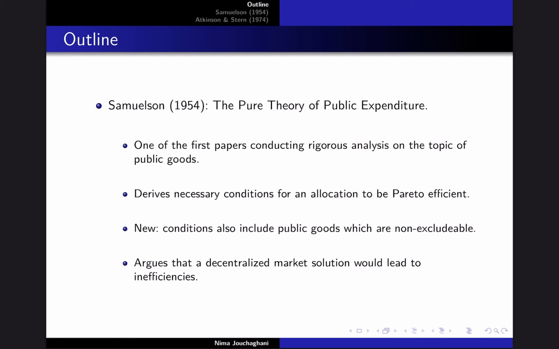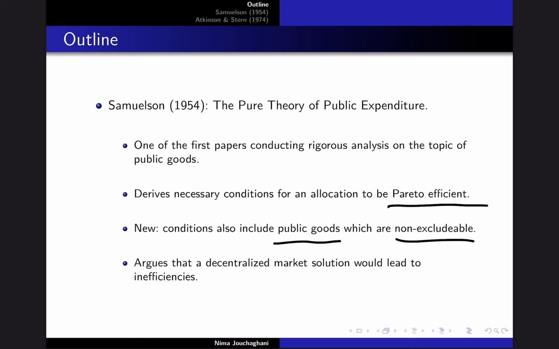And he basically derives necessary conditions for an allocation. An allocation means an allocation of inputs and outputs across the consumers in the economy. So he derives necessary conditions for an allocation to be Pareto efficient. And the new aspect here is that the conditions include public goods which are non-excludable.